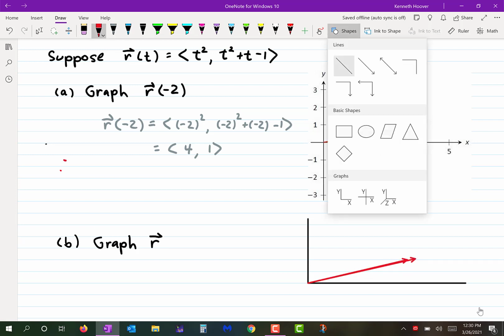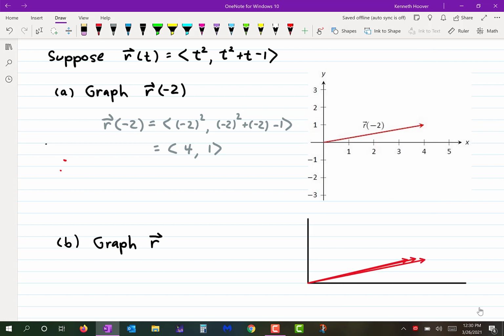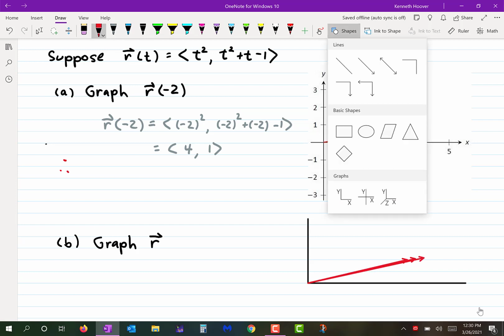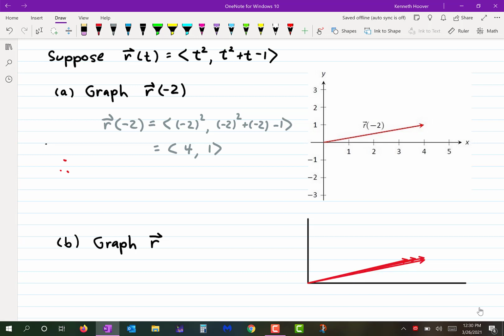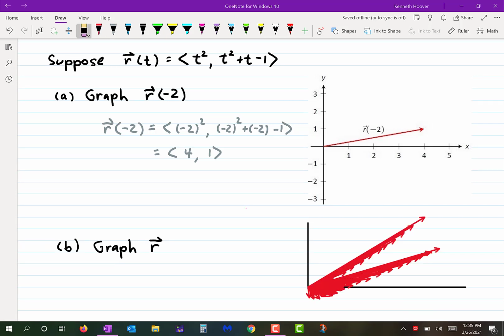I'm going to draw a whole bunch of vectors here. I'm going to skip ahead now. You see the problem we end up with? The vectors overlap each other so much that you just end up with this big red blob, and you can't see any individual vectors at all. That's the problem you run into when you try to graph a whole bunch of vectors.